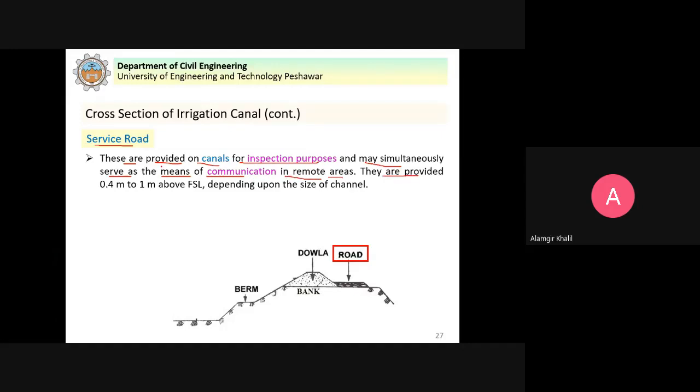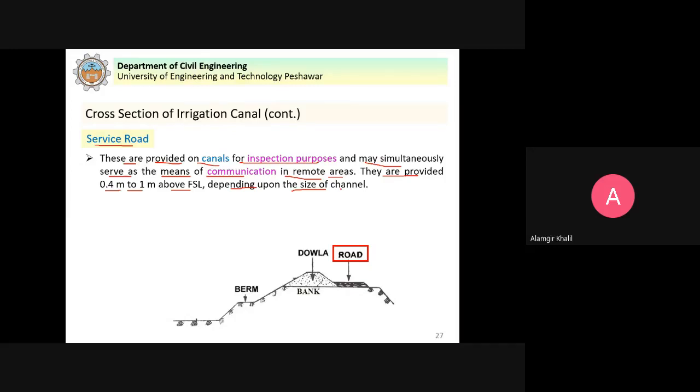They are provided 0.4 meter to 1 meter above the full supply level depending upon the size of the channel.